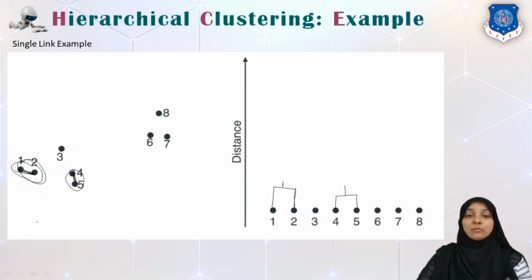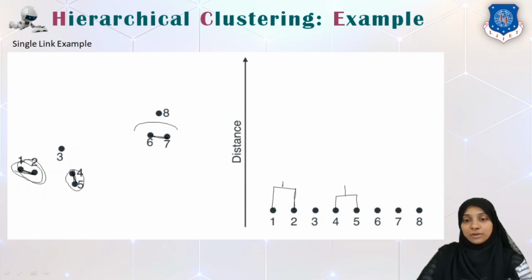Okay. Now moving further, I can have the distance between 2 and 3, the distance between 3 and 4, because that is the minimum distance between these two clusters, and the distance between 6 and 7. We can see that 6 and 7 are nearer as compared to 2, 3 and 3, 4.